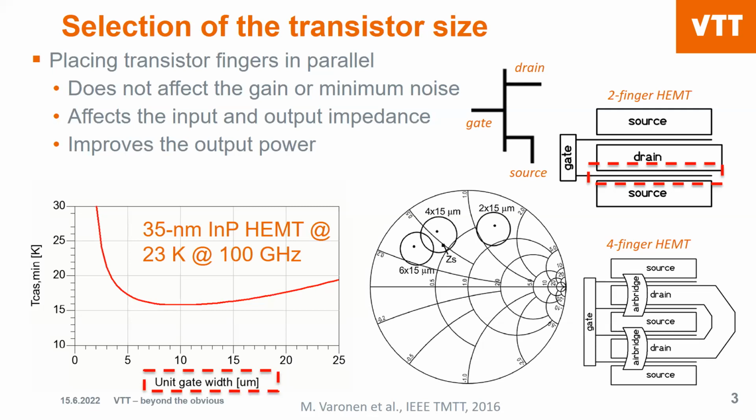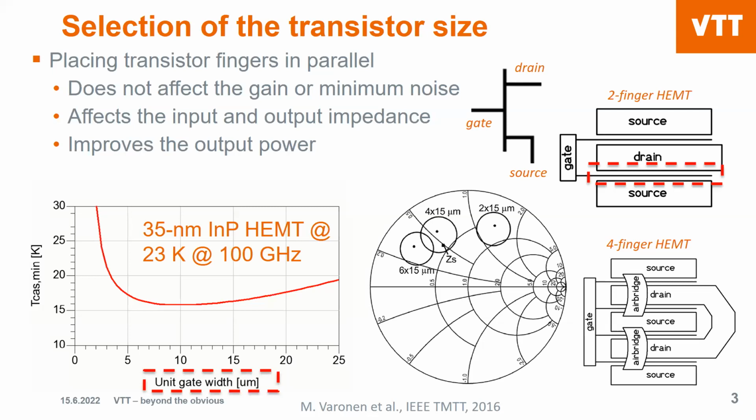On the left hand side, you can see the schematic figure. So you have a gate, drain, and source is typically grounded. And that is how you bias the device and operate it for an LNA design. I have marked now that there is one finger, it has a certain width.